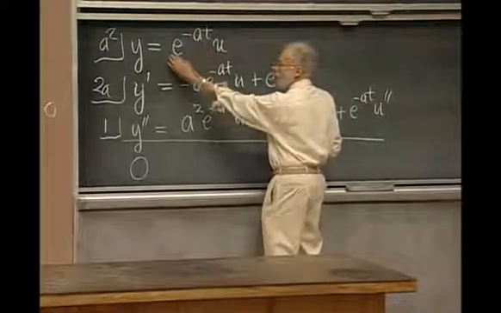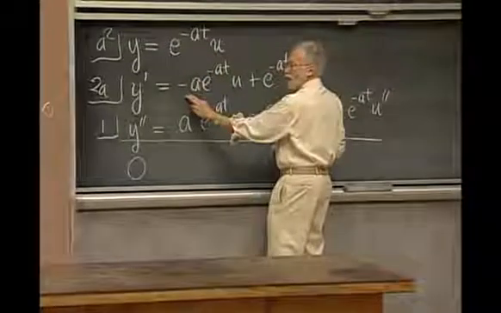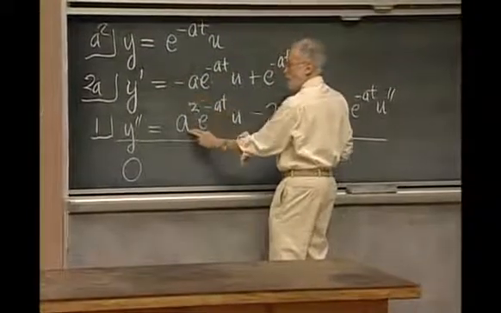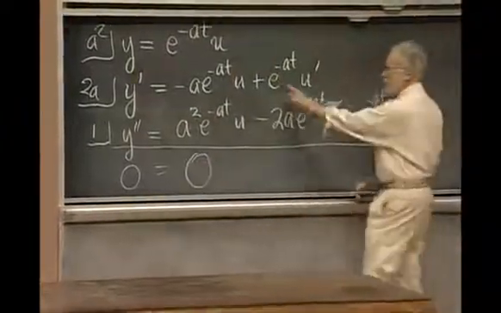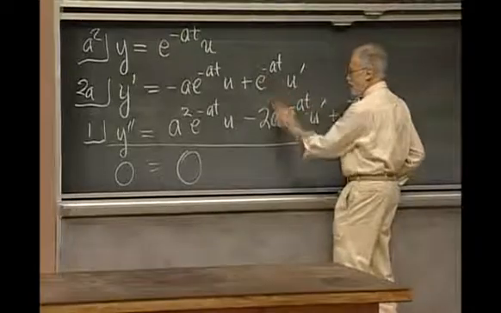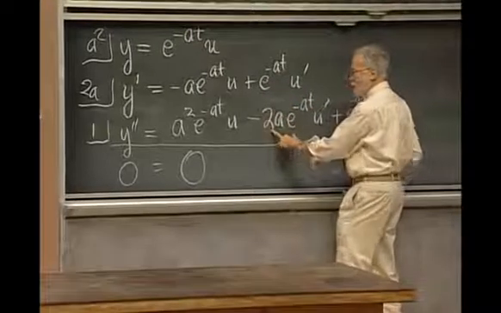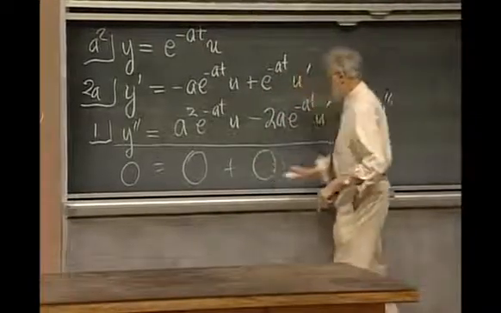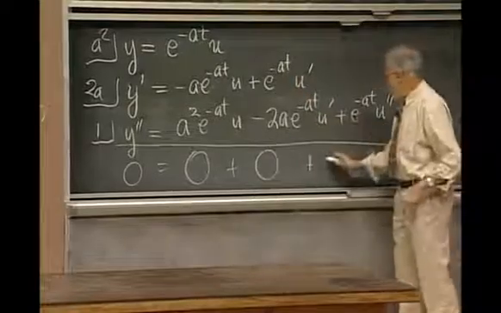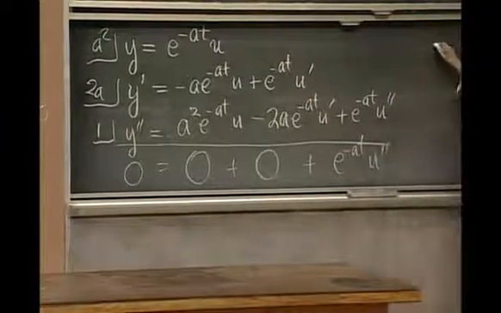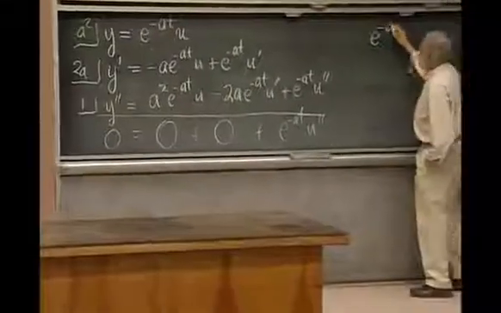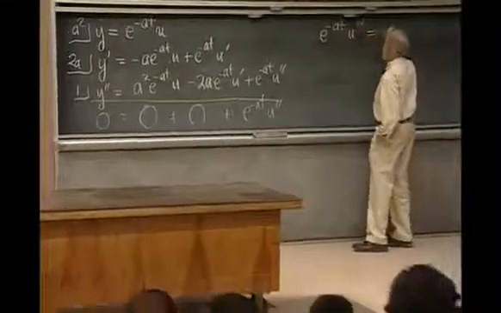A squared times this, plus 2a times that, plus 1 times that makes 0. All that survives is e to the minus at u double prime, so e to the minus at u double prime is equal to 0.